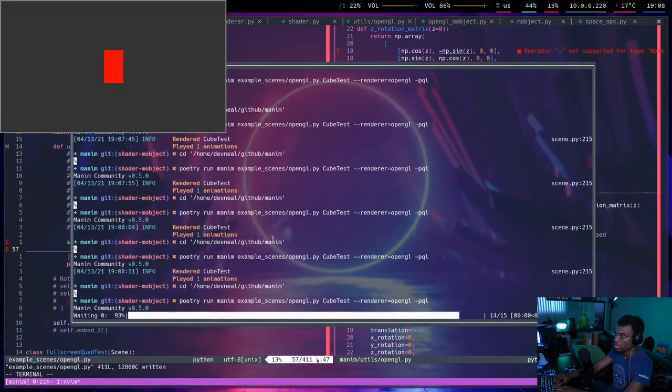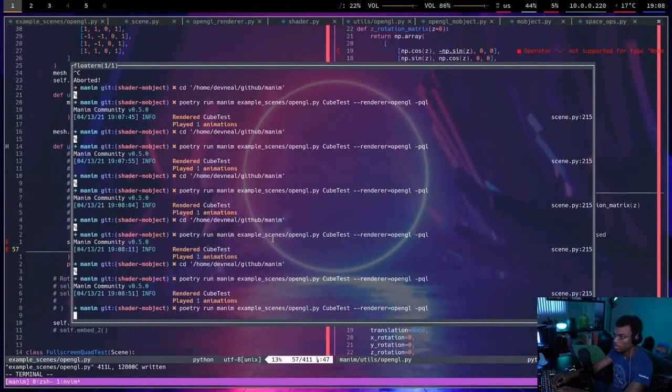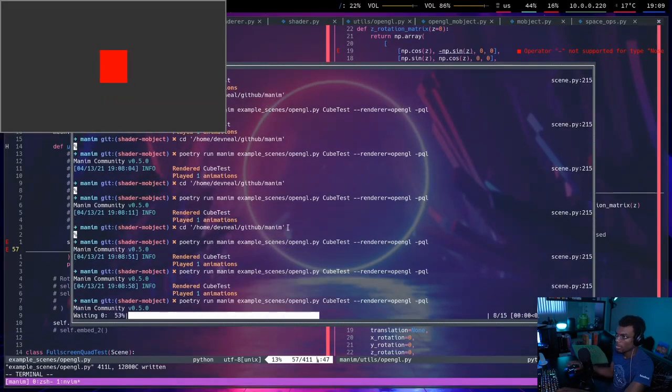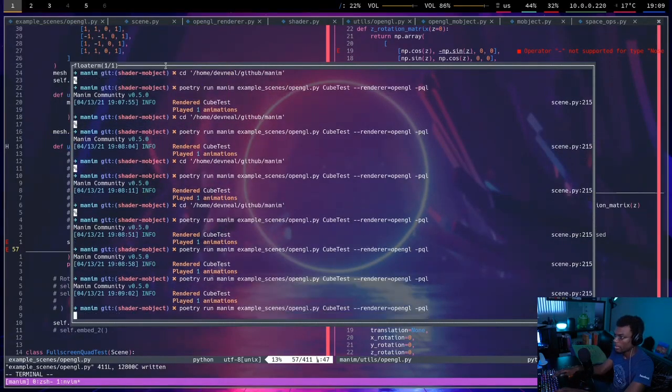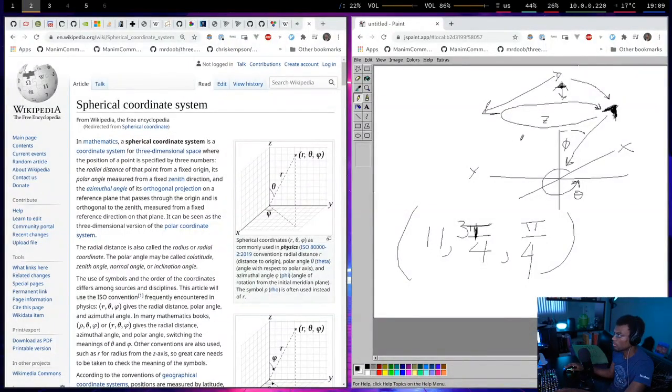So this is what's happening. And it looks like the camera actually is moving. The square's getting flatter in the x direction, which means it must be rotating along the x-axis.